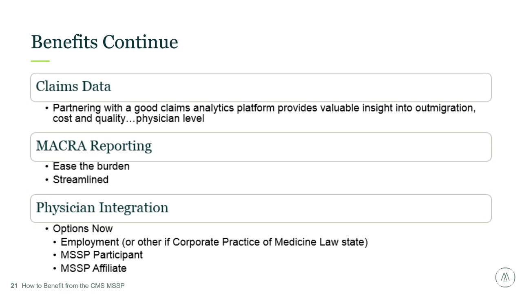We know why we have to do it, but it has caused extra cost in our physician groups and administrators trying to figure out how to submit the data. Different specialties have different data points that they need to submit. So when the physicians become part of the CMS MSSP, you're submitting one data set across the network. The other real benefit is that the MSSP is submitting on behalf of its physicians.